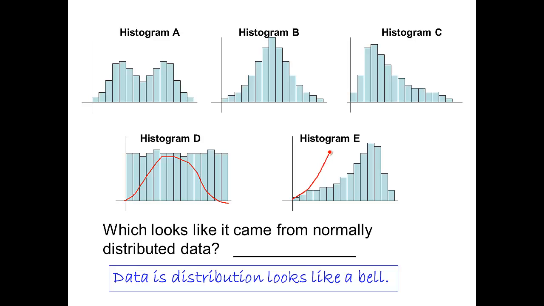Histogram E, we said, was skewed. It's not shaped like a bell. Histogram C is not shaped like a bell, and my bells are awful on this computer, but you can see, hopefully, that histogram B is very much shaped like a bell.